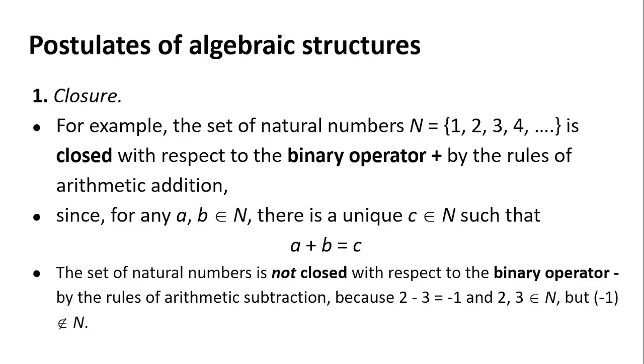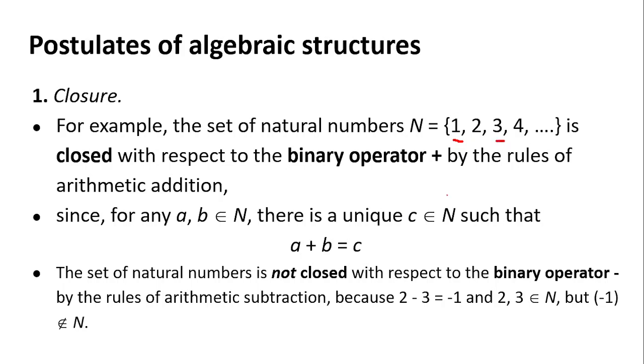Okay, let's look at a simple example. Let's take the natural numbers. We know very well natural numbers start from 1, 2, 3, 4 and so on. Natural numbers are closed with respect to the binary operator plus. What is the meaning of that? Let me take the elements 1 and 3.